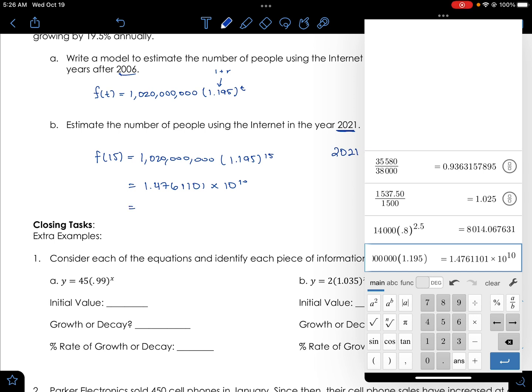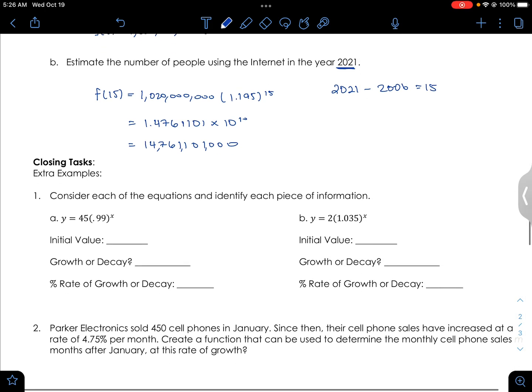And so again, if you wanted to write that out, you'd have 14,761,101,000 people using the internet.